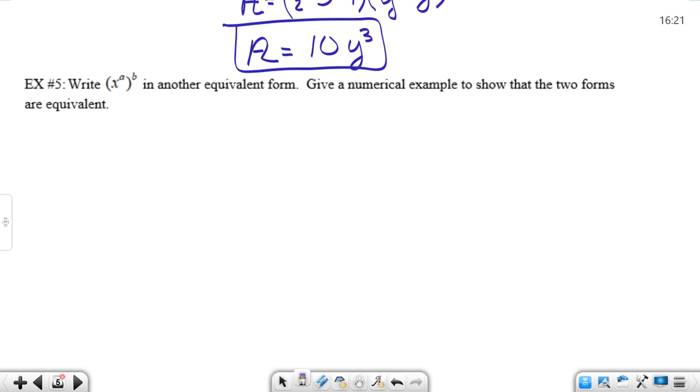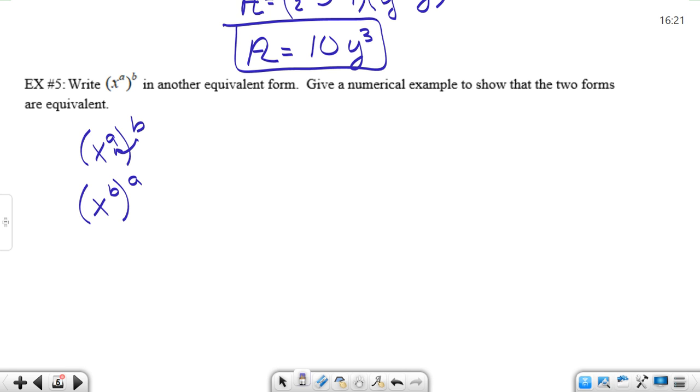Now, example 5 wants us to write x to the a raised to the b in another equivalent form, and then give a numerical example to show that the two forms are indeed equivalent. So, x to the a to the b. The first thing, guys, is it doesn't matter whether you have x to the a raised to the b or x to the b raised to the a.